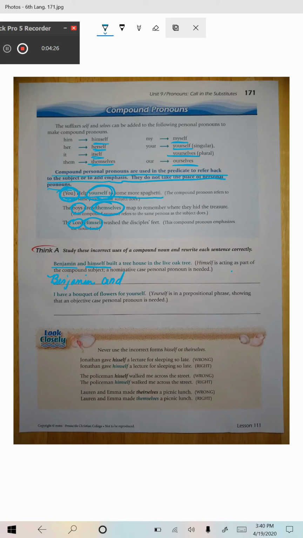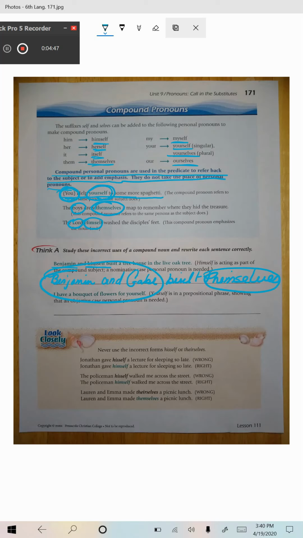Do you know a Benjamin, Gabe? Gabe built themselves a treehouse in the live oak tree. You could do that. But you see how themselves is referring to Benjamin and Gabe.